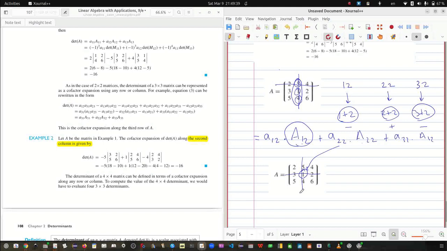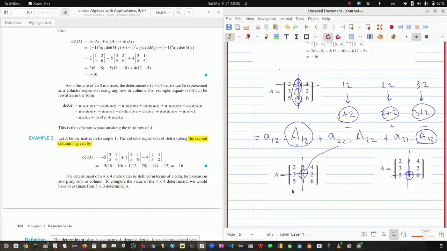So it means the determinant of 2, 4, 5, 6 is the question. And when you come to A32, A32 is here. Then to find the cofactor of A32, you have to hide the third row and second column. So it is the 2, 2, 3, 4 matrix.